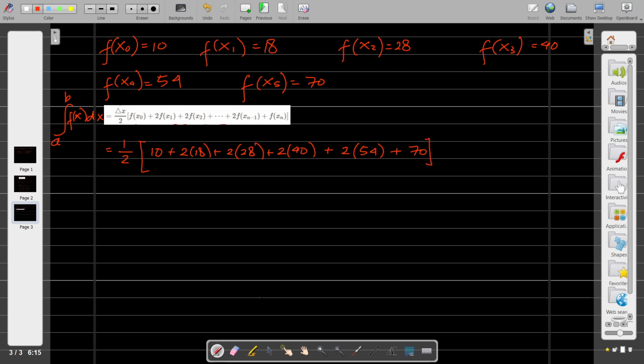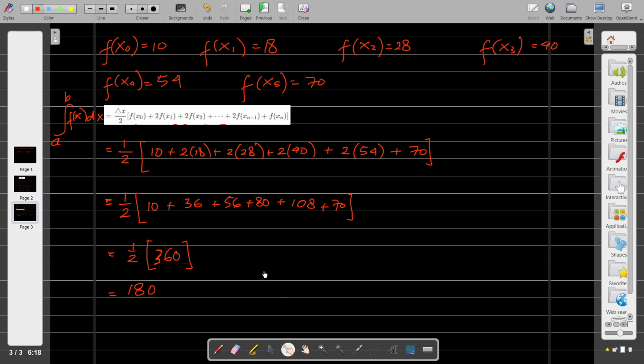So this is x0, x1, x2, x3, x4, x5. Now it's simple, you can just use your calculator to find it. Wait a minute.